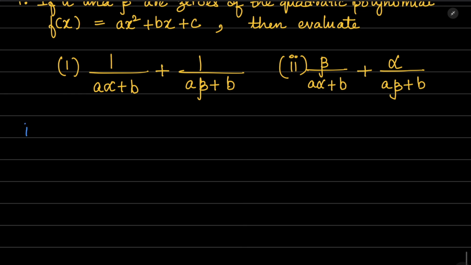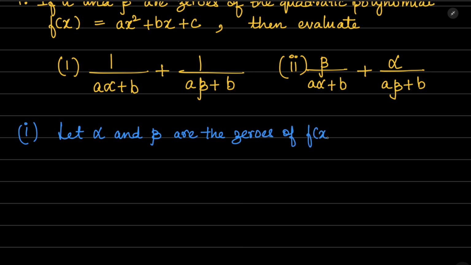Okay. So the very first question, let us assume that alpha and beta are the zeros of the polynomial f of x equal to the standard quadratic polynomial ax square plus bx plus c.